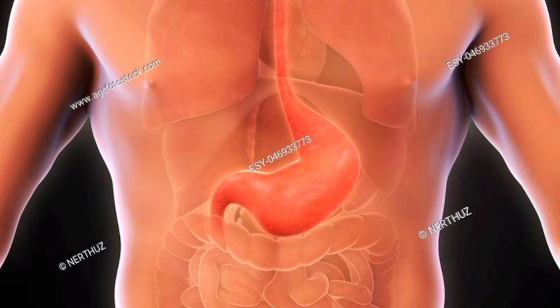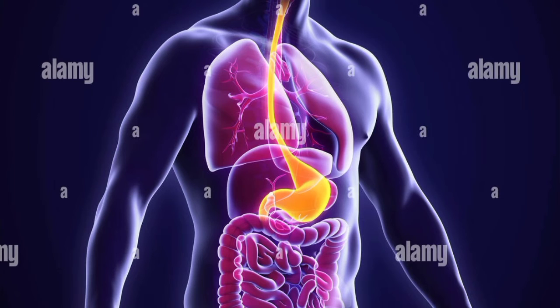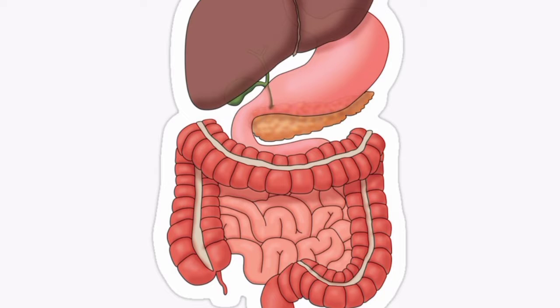Now the third part of the stomach is the pyloric part. What is the pyloric part? The pyloric part is the part of the stomach starting from the body up to the pyloric constriction.